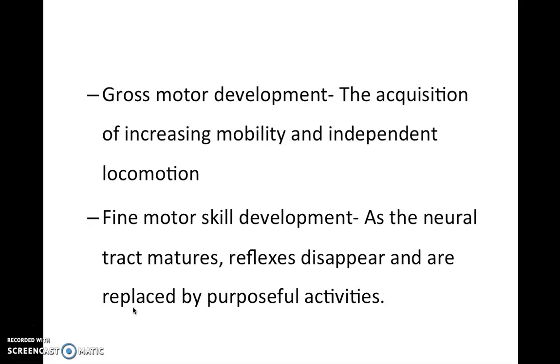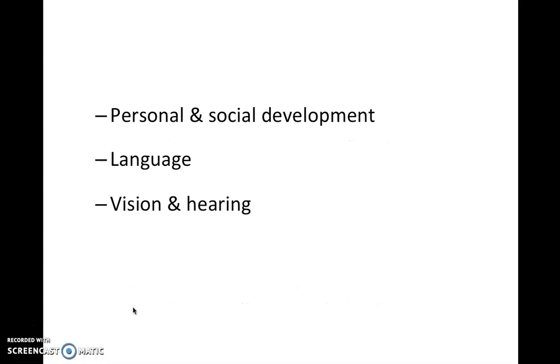We divide development into different domains and try to assess it through the assessment of all these domains. Hope you understood. We have already seen that personal and social development is a very big domain, and we have to investigate these domains properly to get a proper idea of the development of the individual.